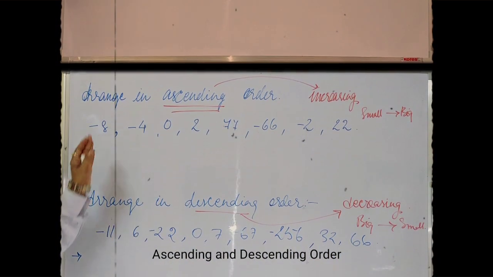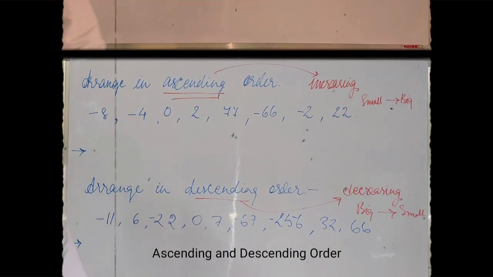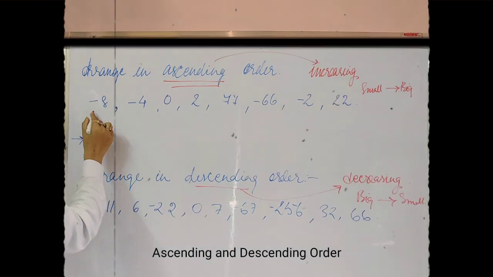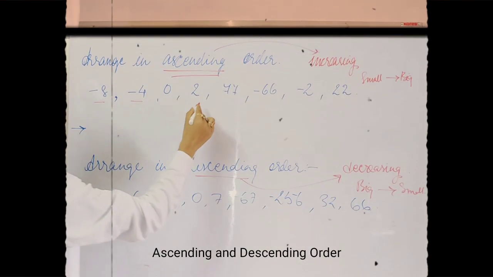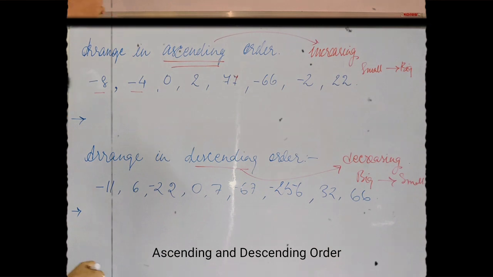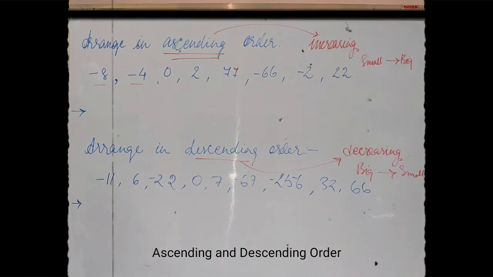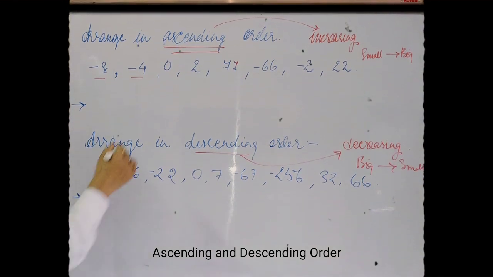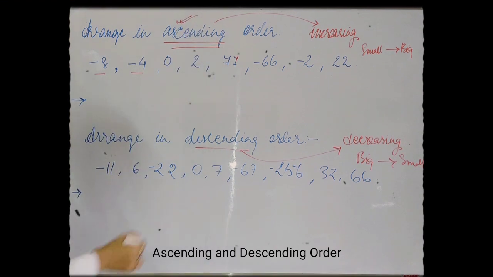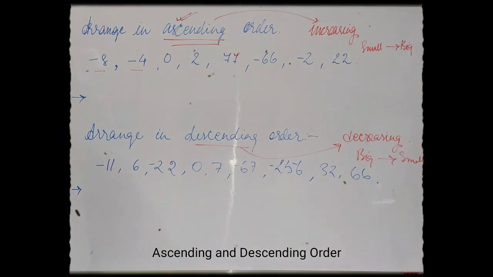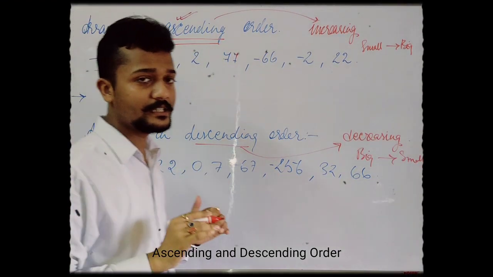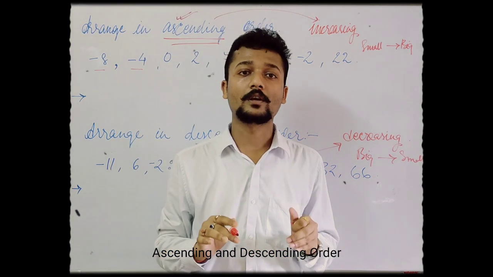Okay, so the first question that is given: minus 8, minus 4, 0, 2, 77, minus 66, minus 2 and 22. We have to arrange them in ascending order. How to arrange in ascending order? First we need to identify which are the smaller numbers.